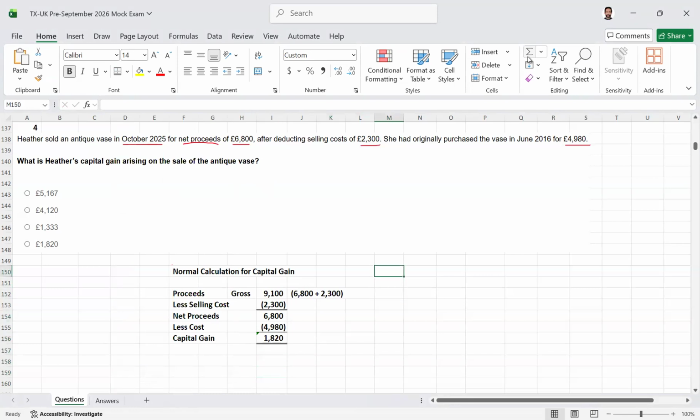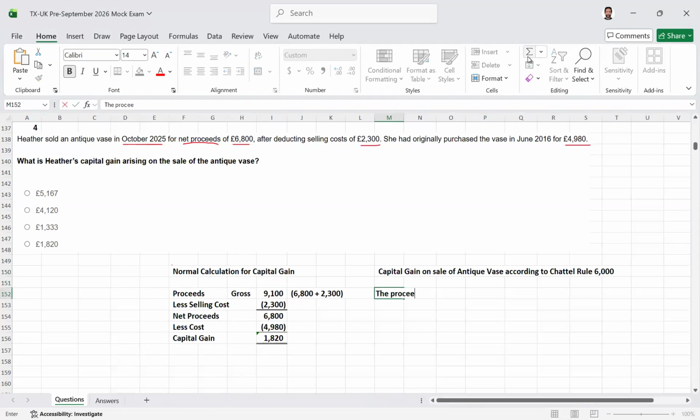The other calculation is the capital gain on sale of antique vase according to the 6,000 chattel rule.